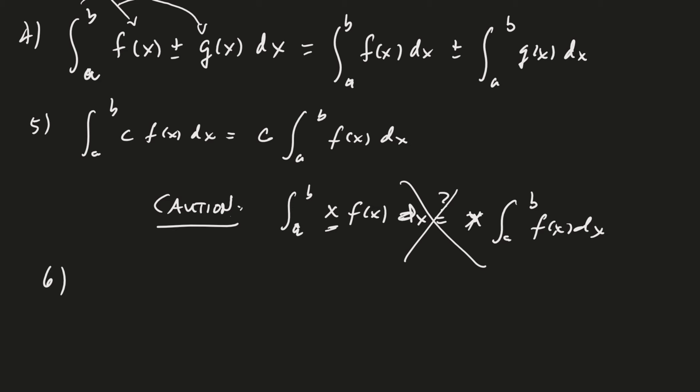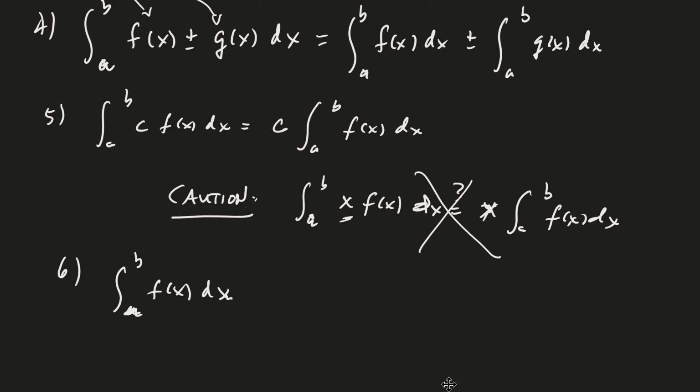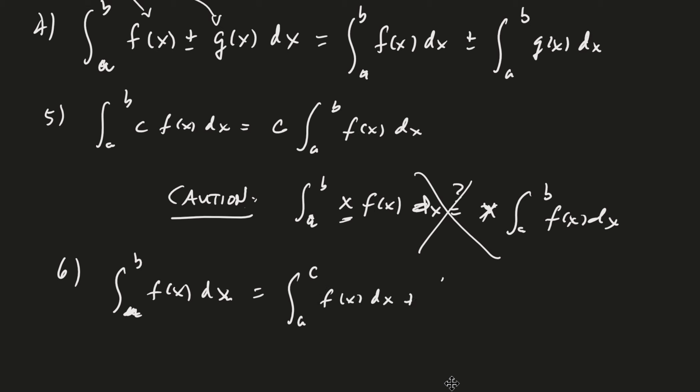Good. Okay, now if I integrate from a to b of f of x dx, and c is any other point, then I can rewrite the sum as the integral. I can break apart the integral and take the integral from a to c of f of x dx, plus the integral from c to b of f of x dx.